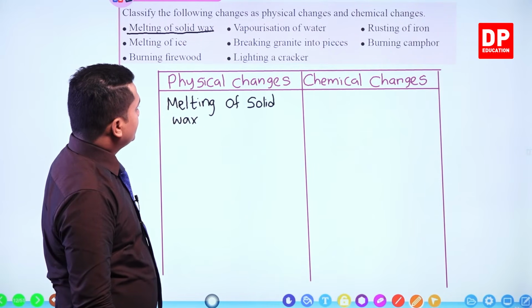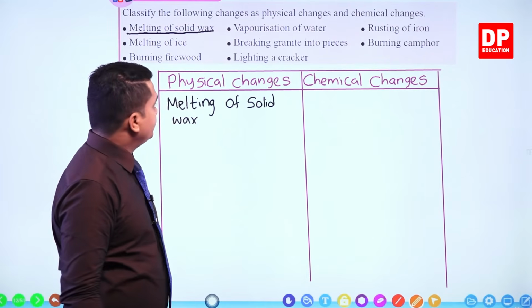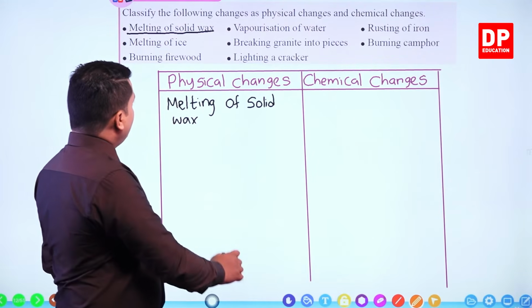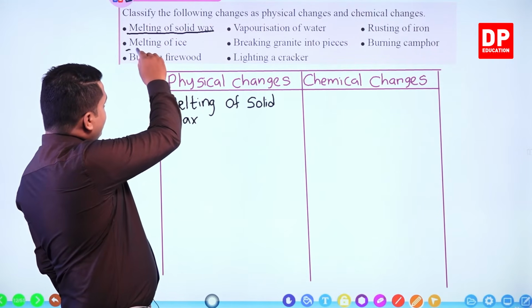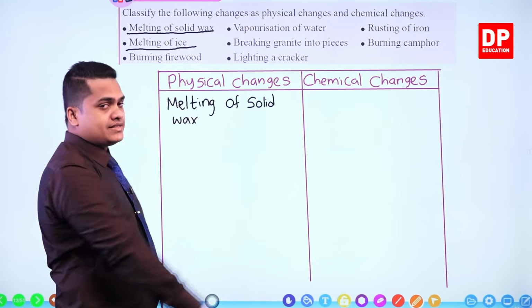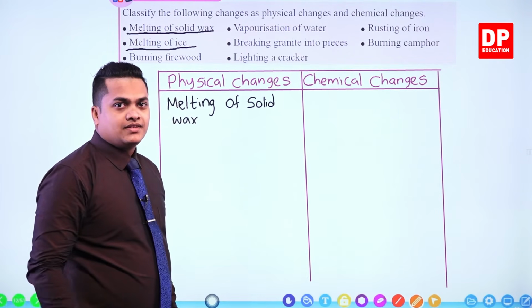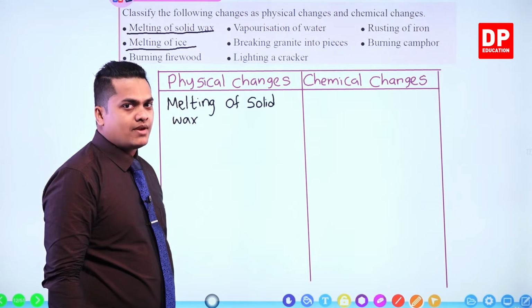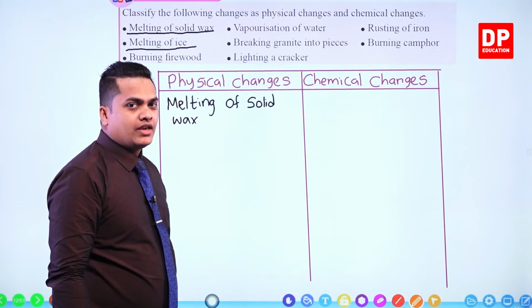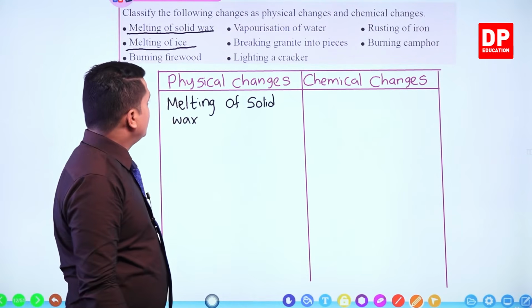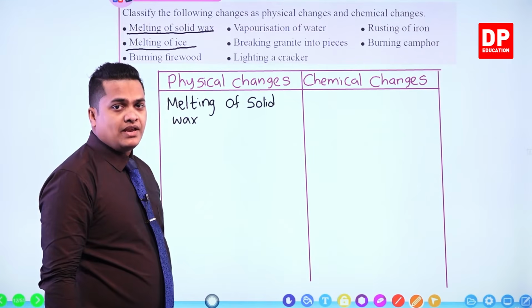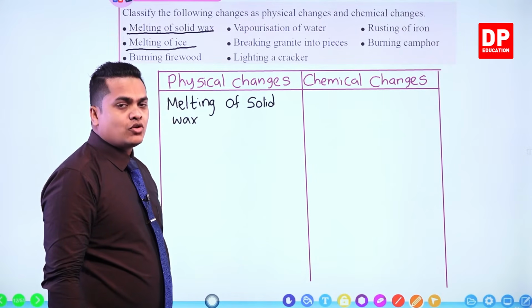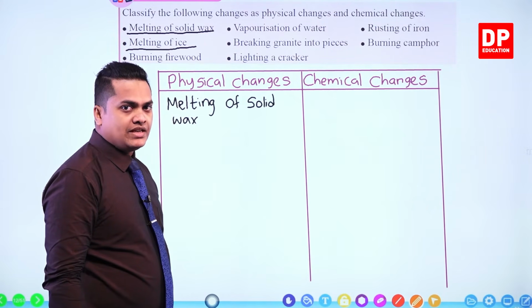Okay. Then the second one. Here once again you are given melting of ice. The earlier example which I took to explain the physical change, I think you could remember it. So during the melting of ice also, solid is getting changed into a liquid.